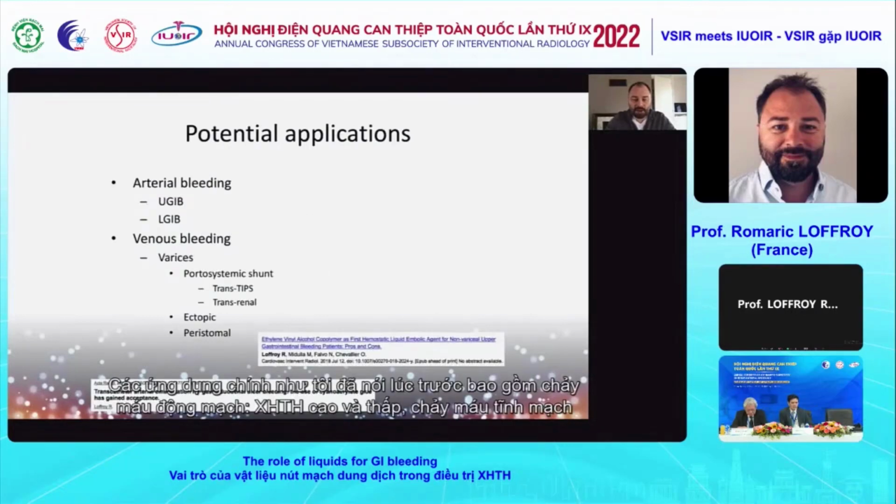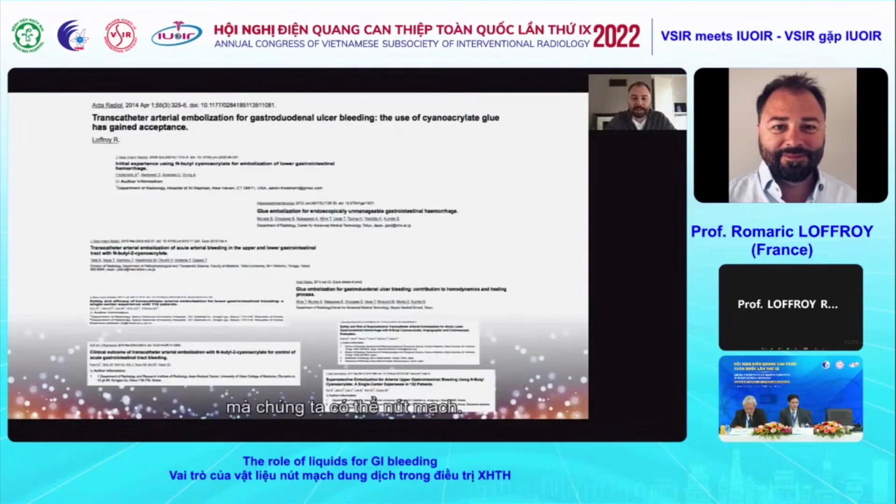So the potential applications, as I said before, are arterial bleeding, upper and lower GI bleedings, and venous bleeding. For varices, I will show you some examples of portal systemic shunts, ectopic or peristomal varices that we can embolize. As I said, if we look at the literature, the use of cyanoacrylates has really gained acceptance over the last 5 years.